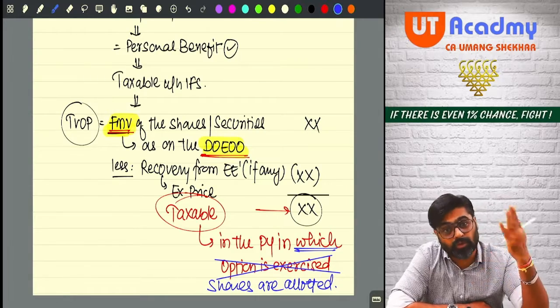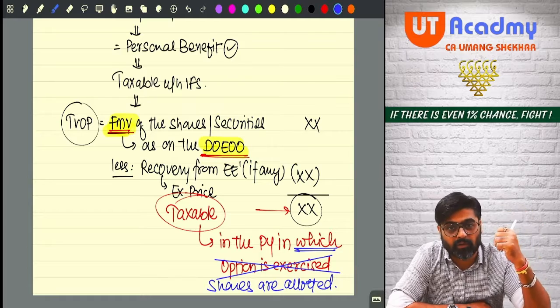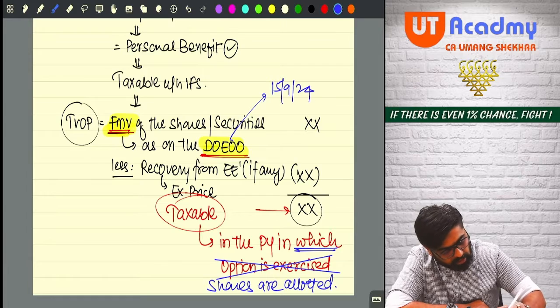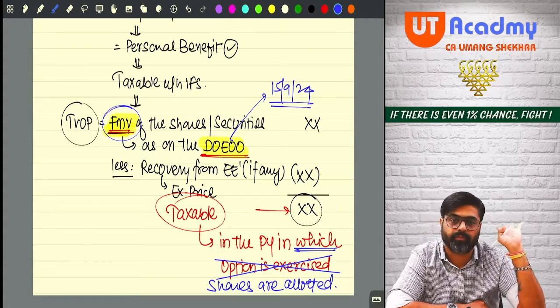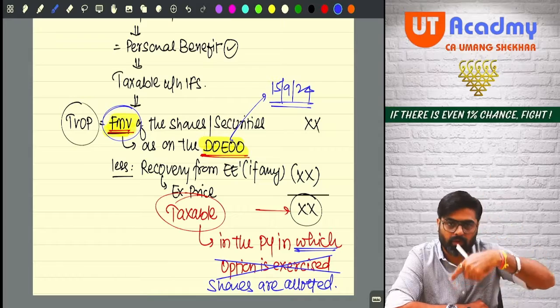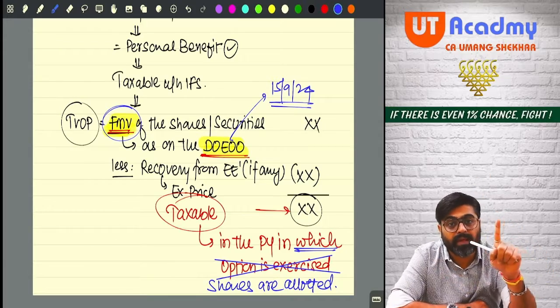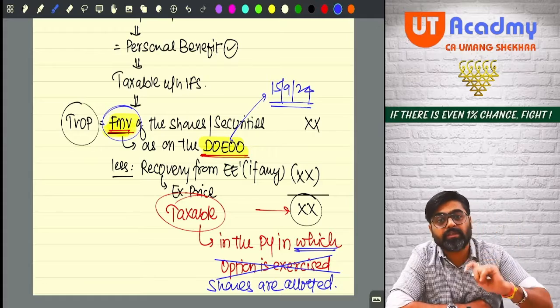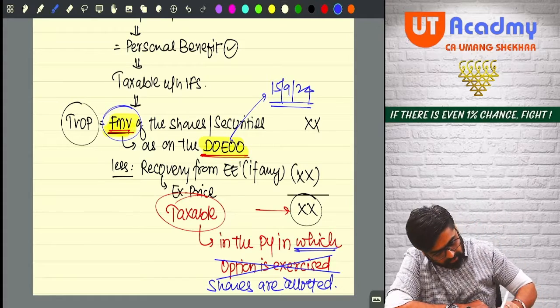So now you are supposed to see when the shares are allotted. For example, if I say that the date of exercise of option was 15th of September 2024. So fair market value as on 15th September 24 you will take always. To find out the value of the perquisite, the fair market value as on 15th September you will take always. Yes or no? But now these shares are allotted. The date of allotment is also given.